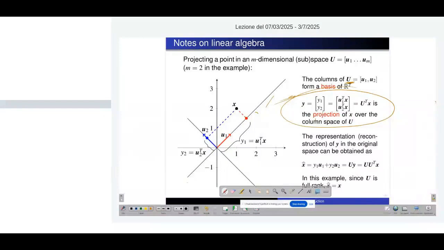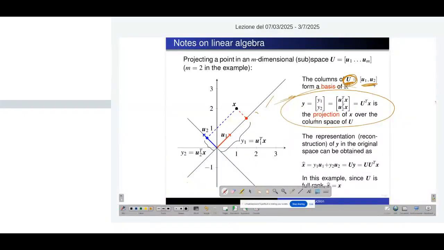So we said that to project a point, we define a matrix of basis vectors that represents the Cartesian axes of the space where we want to project our point. Then u transpose x corresponds to the coordinates of this point in the new Cartesian coordinate axes defined by these vectors.